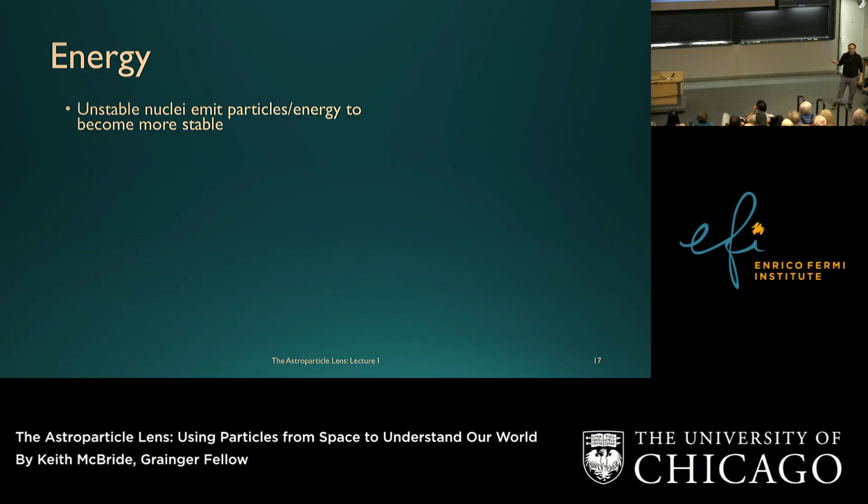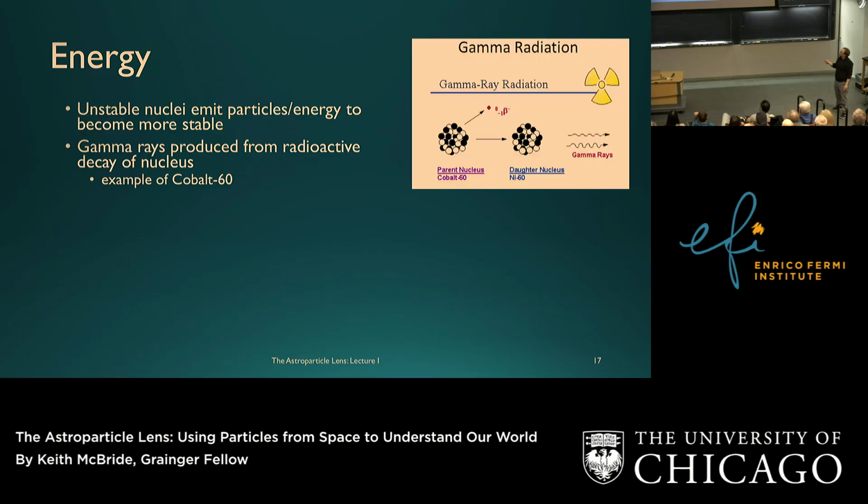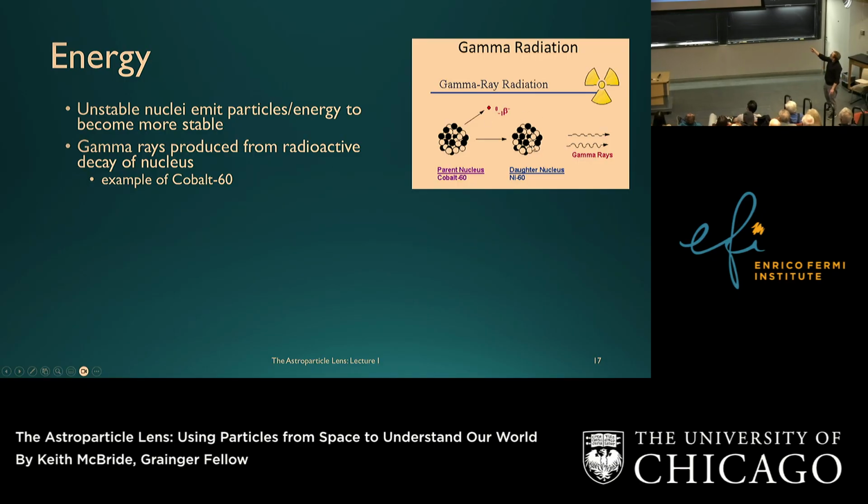Okay? So we know that gamma radiation comes from unstable atomic nuclei, right? That's what we knew at the time. And that means that when you have a radioactive nucleus decaying, it produces this radiation. So you can take an example of cobalt-60, where you have this nucleus made up of neutrons and protons, the nucleus of an atom, decaying into a nickel-60 through one kind of radiation, right?